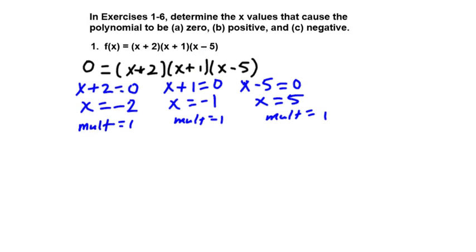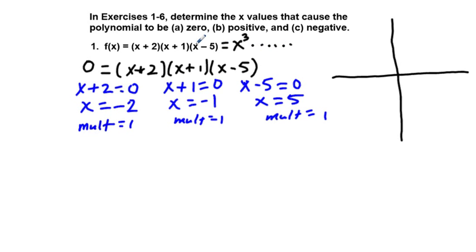What really helps is to look back at our understanding of parent functions from precalculus. Before I sketch that, if we multiply all these x values together, x times x times x, we get x cubed, and then a whole bunch of stuff, and our final term is 2 times 1 times negative 5, so we get negative 10.